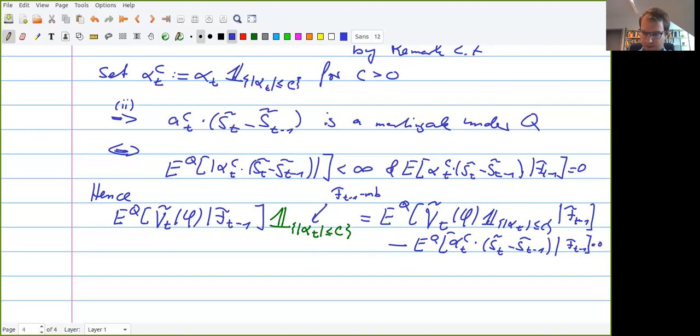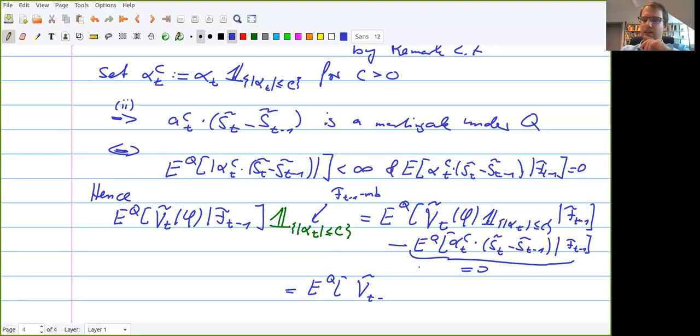Now I can pull this term in as well. If I subtract the gains I made in the t-th trading period, I end up with the value process at time t minus 1 of phi. And of course, everything restricted to the event that alpha t is less or equal than c.